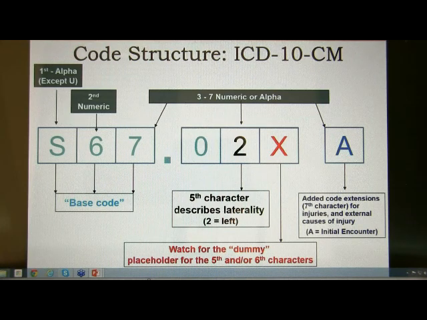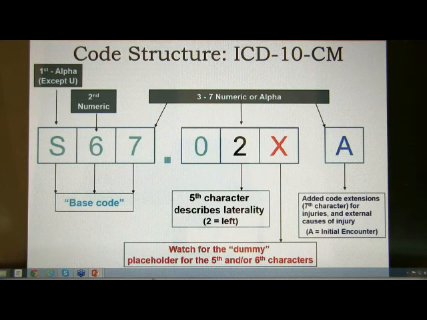There are some laterality markers. Those will always go in character 5, and they will always be the same. So, for example, the right side will always be 5th character 1, and the left side would always be 5th character 2. If the code has an option for a bilateral, that would always be 5th character 3. We have quite a few 7th character codes in orthopedics.